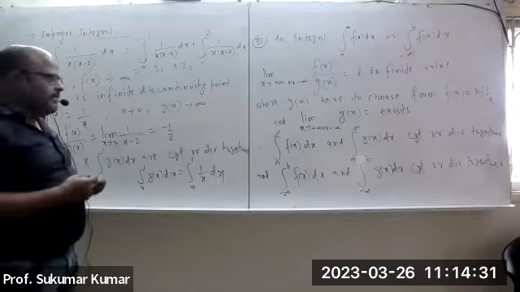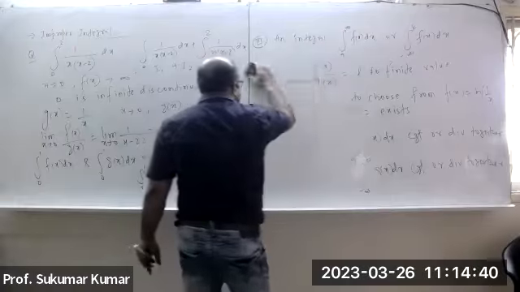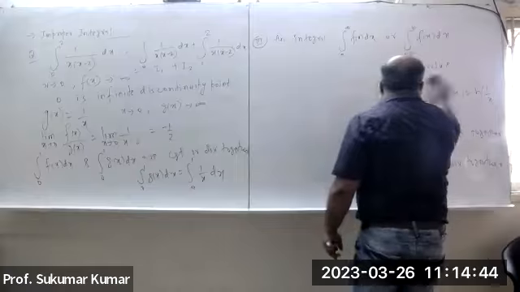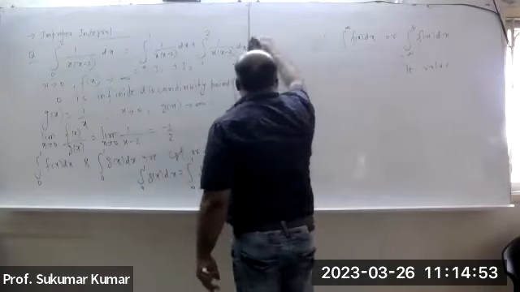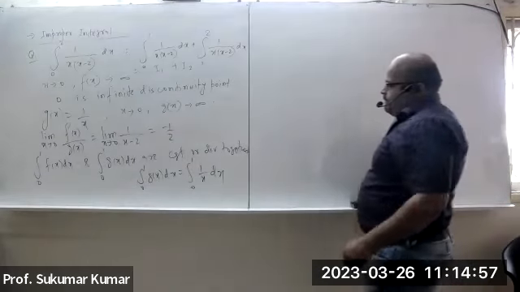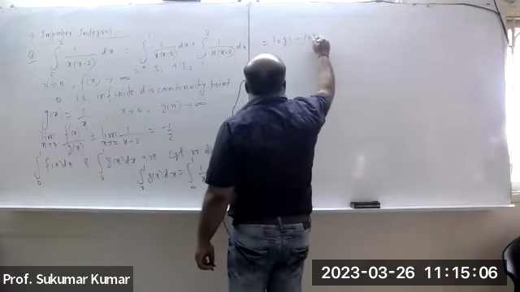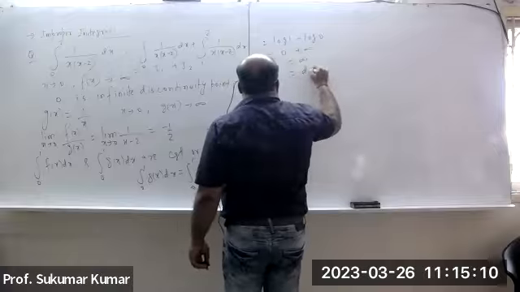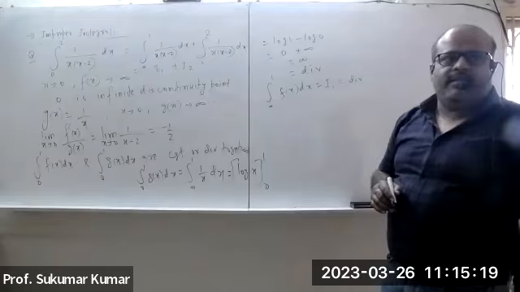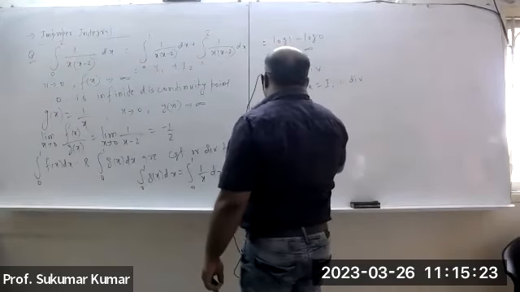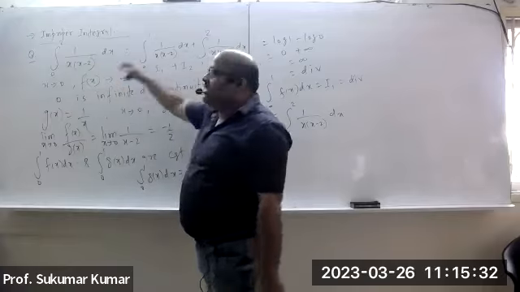So I1 is divergent, so the integral from 0 to 1 of f of x dx is divergent. Now I2, from 1 to 2. Any one divergent means it fails; the whole thing is divergent only. Only if both are convergent is it convergent.